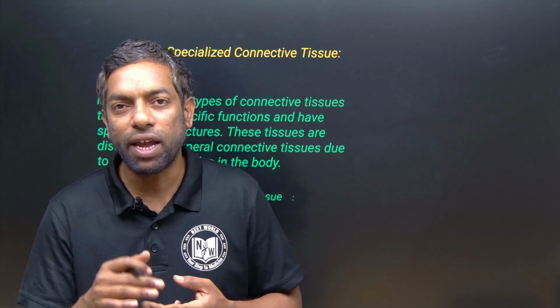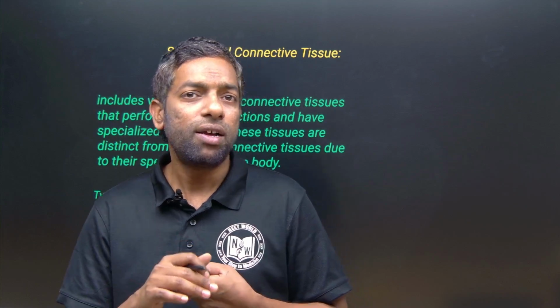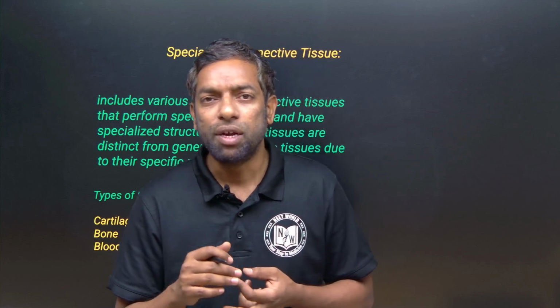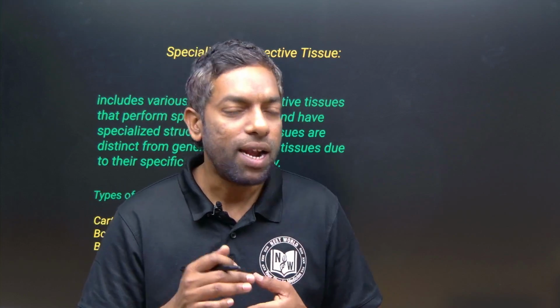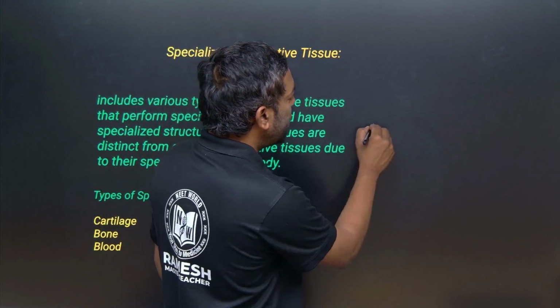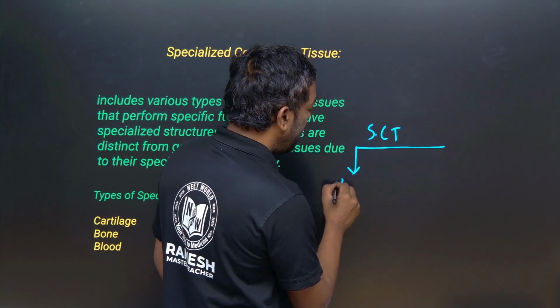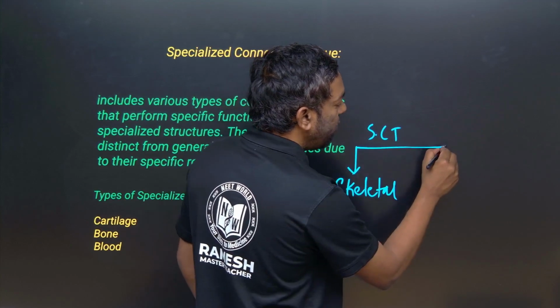Specialized tissue again has types: skeletal tissue and fluid tissue. Skeletal tissue is again of two types, bone and cartilage. Fluid tissue is blood and lymph. Specialized connective tissue has two types, guys: skeletal and fluid.